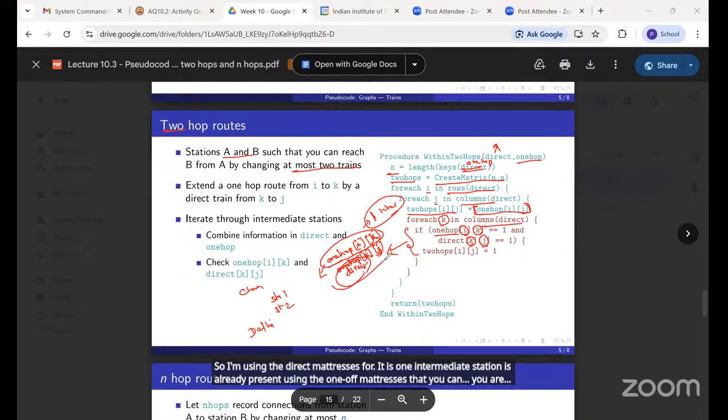But to compute the two intermediate matrices, I just need to compare with direct of kj. If both are 1, I can safely set two hop of ij equal to 1. So this two hop of ij will again be 1s and 0s, where 1 says from station A to station B, I can reach through two intermediate stations. There is a reachability. Any doubts here?